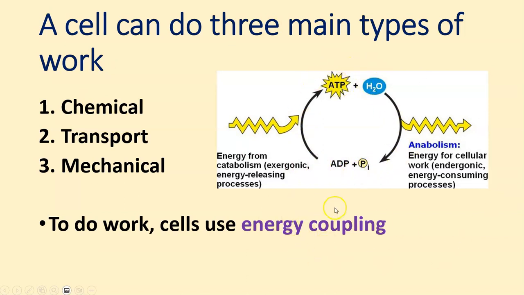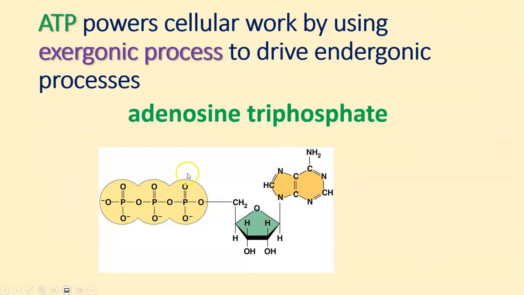Let's dig a little bit deeper into what is ATP, what is ADP. ATP stands for adenosine triphosphate, and this is the molecular structure of ATP. So you can see the 3 phosphate groups here attached to an adenine, a nitrogenous base, and a ribose sugar.